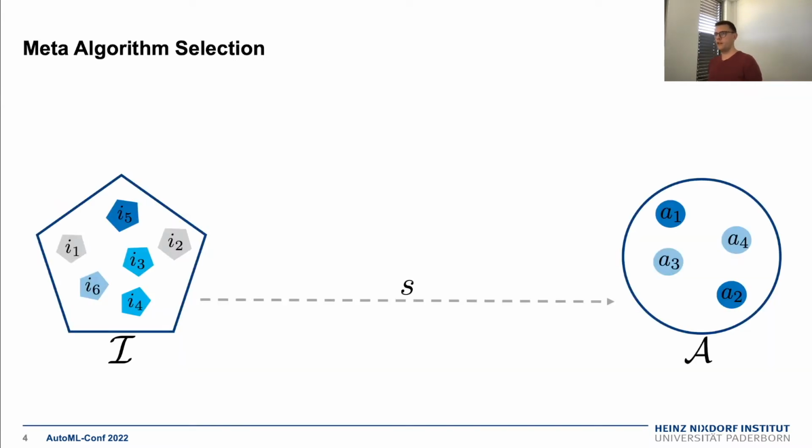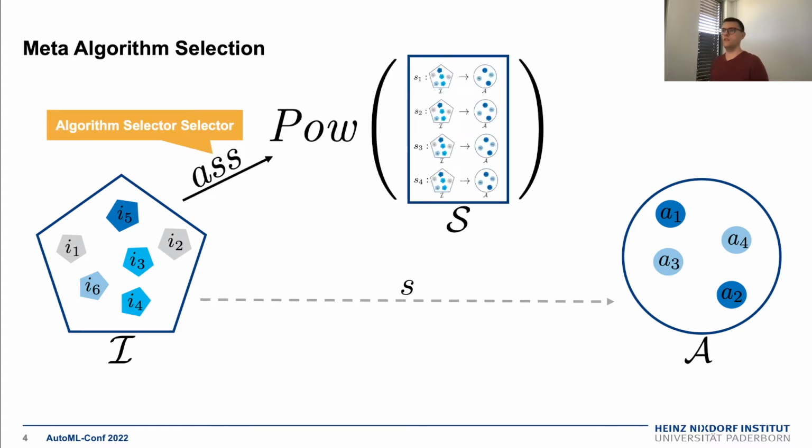And this is exactly what meta-algorithm selection is about. So here you see basically the same picture as you saw on the first slide, but now in the meta-algorithm selection problem, instead of seeking to learn such a direct mapping from the instance space to the set of algorithms, we take what I call a detour. And the detour looks as follows. We learn an ASS, short for algorithm selector selector, that maps from the instance space to the power set of the possible selectors that are available.